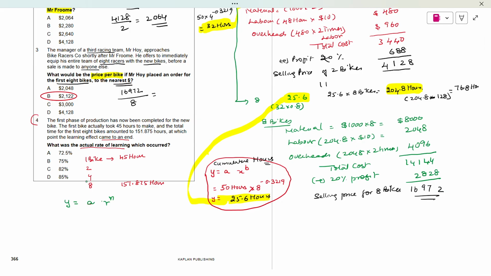Okay, Y equal to a R^n. This is the formula for rate of learning. Write it down on a separate page. Rate of learning.